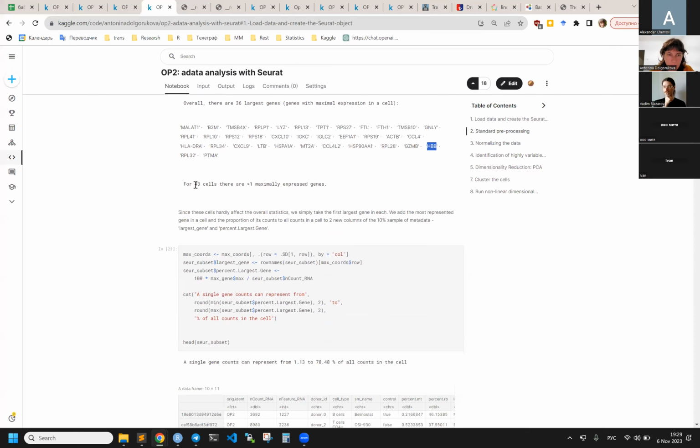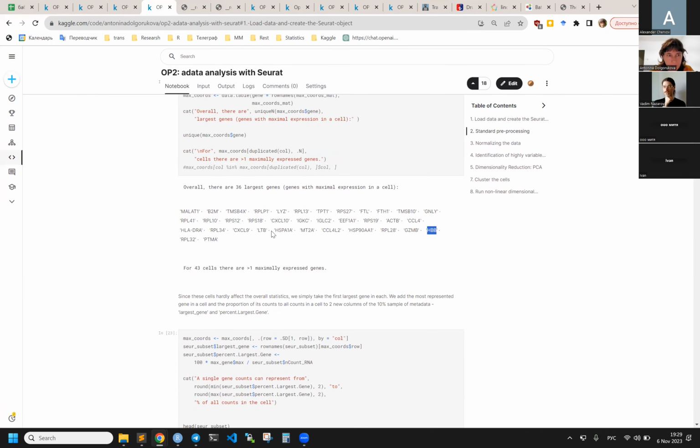Most counts, that means what percent of them? Now we will see this below. I just wanted to explain my calculations a little bit: we just count which gene gives the maximal count in a single cell.